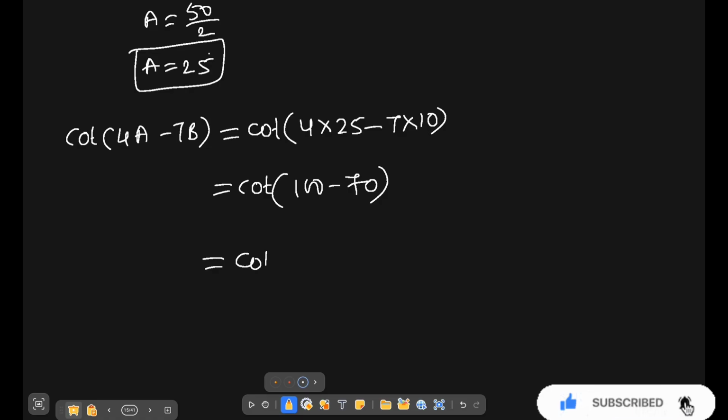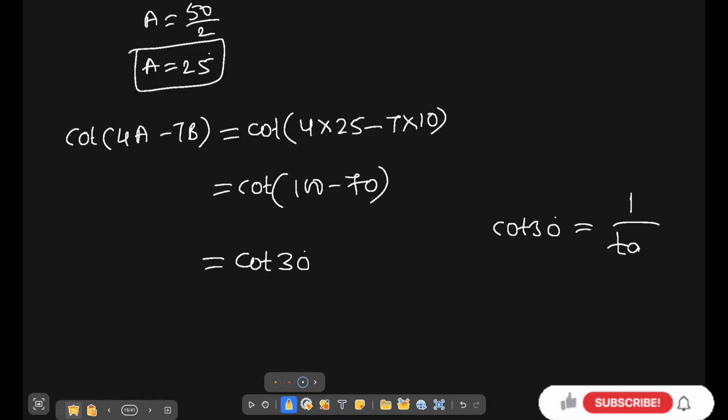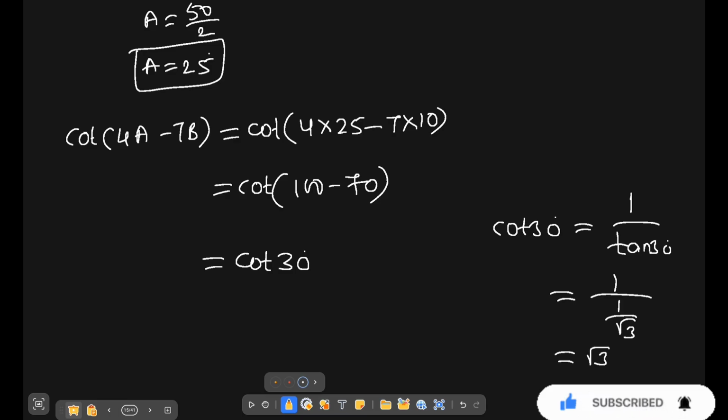So now 100 minus 70 gives cot 30. Cot 30 degrees we can write as 1 by tan 30 degrees. Tan 30 is 1 by root 3, so this will be equal to root 3. So cot 30 is root 3. That's it.